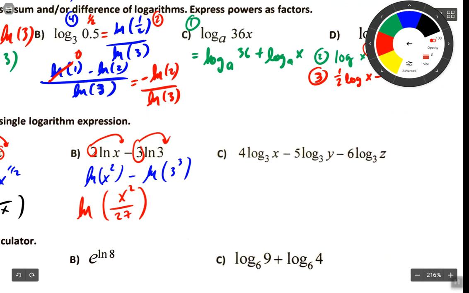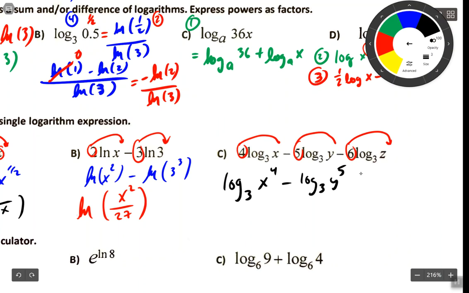What do we do with the coefficients? They're all going to become powers, right? So now I have log base 3 of x to the 4th minus log base 3 of y to the 5th minus log base 3 of z to the 6th.